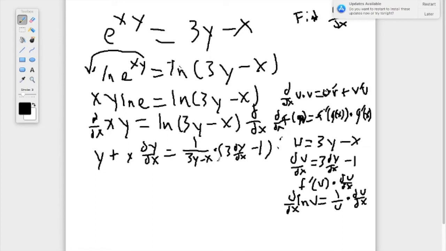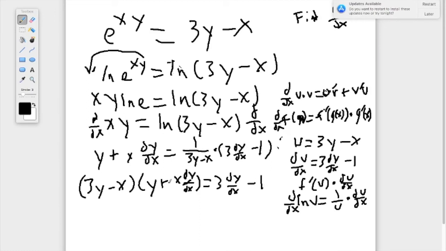And now we just have to isolate dy dx. So what I'm going to do is multiply by 3y minus x, the denominator, on both sides so it doesn't get tricky. So 3y minus x times y plus x dy dx equals 3 dy dx minus 1. So now I have to FOIL.